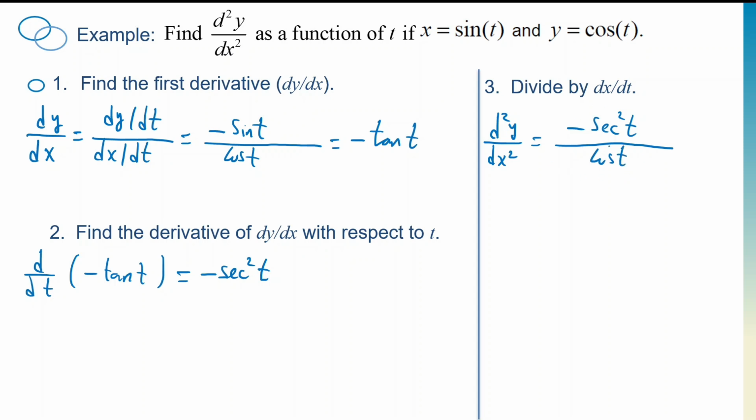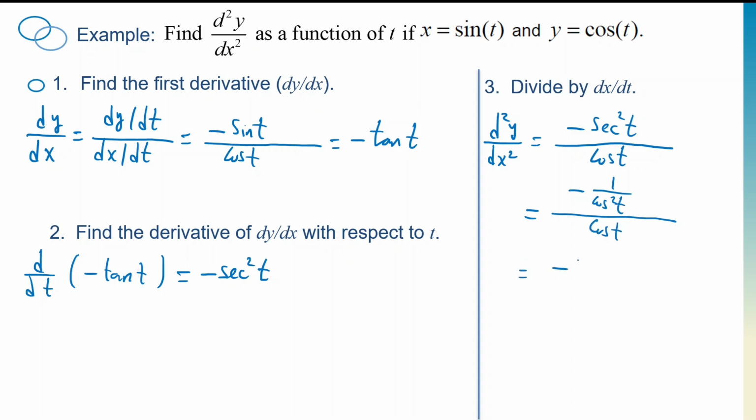Now remember, this is like a final result, it's fine. But if I just need to simplify it more, I can write it as, remember, the secant is 1 over cosine squared. And I have another cosine. So basically negative 1 over cosine squared t, and I have cosine of t down.